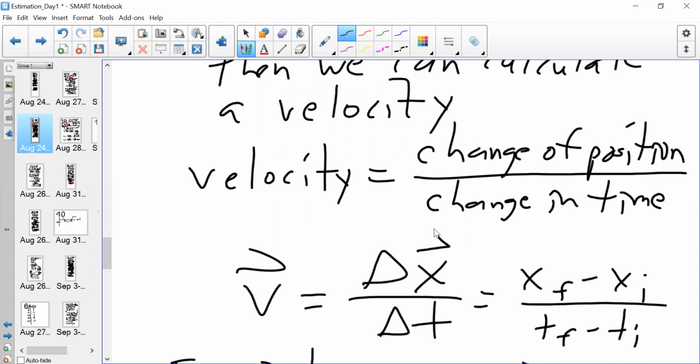If you're traveling towards the east, you have an easterly velocity. Velocity has a number and a direction towards the east, and likewise for the west. Also mathematically, when you have a vector divided by a scalar, time is just a number, you get a new vector.